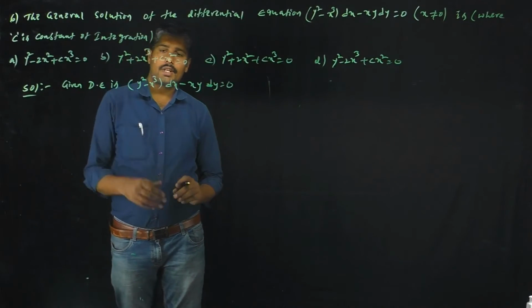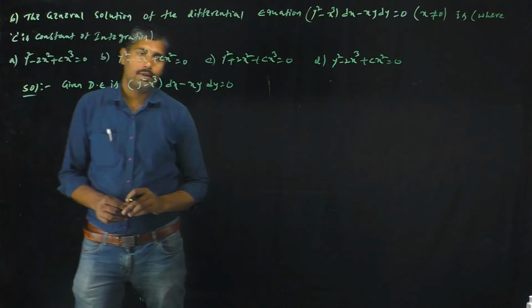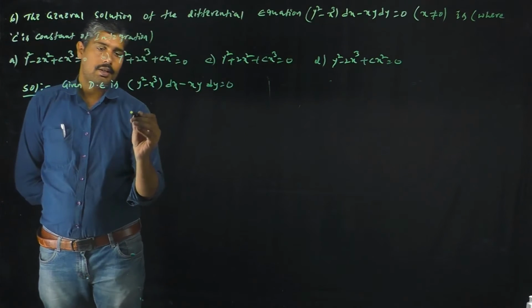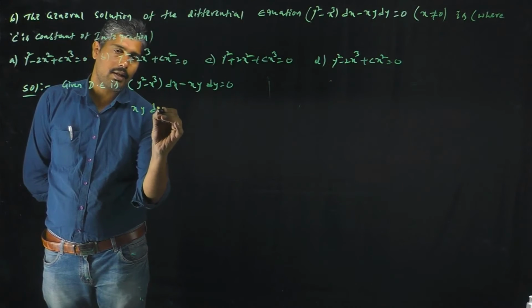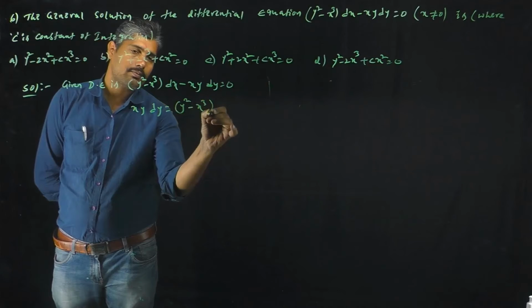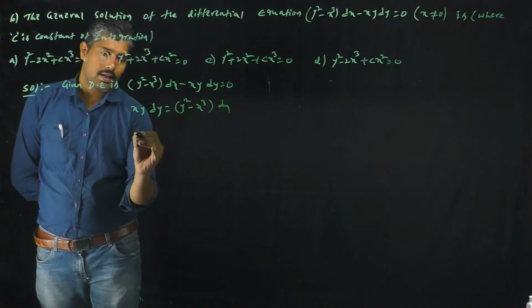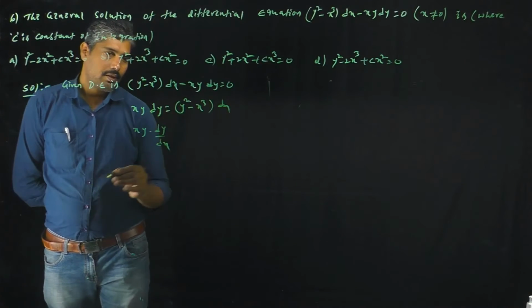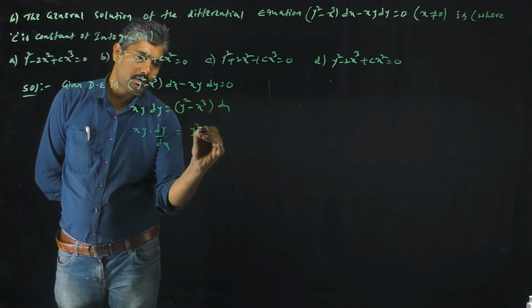See, the given differential equation is (y square minus x cube) into dx minus xy into dy equal to 0. Here x into y dy equal to (y square minus x cube) into dx. That is xy into dy by dx equal to y square minus x cube.